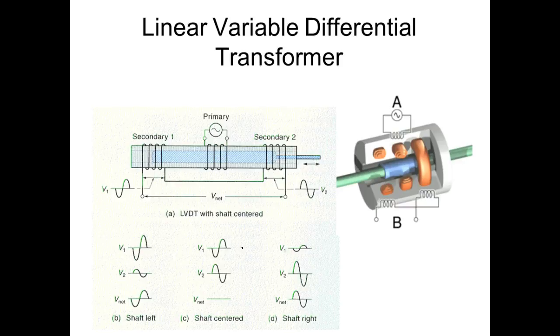So what we do is we put nice chunks of metal. This one right here is not going to be solid, by the way. If we tried to use a solid chunk of metal, this big chunk of metal would act like a conductor, like a shorted conductor.